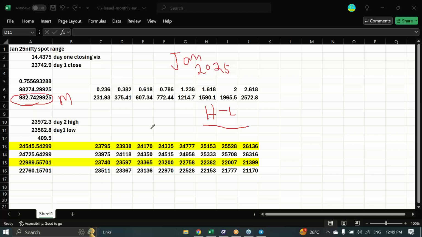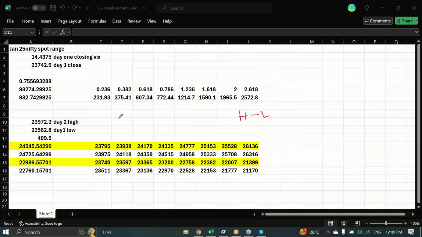In very rare cases in the 10 years, it has given less than that, but in 110 months, it has given more than that. So whatever high and low are formed in January 2025, the difference, that depth, will be 983 points.